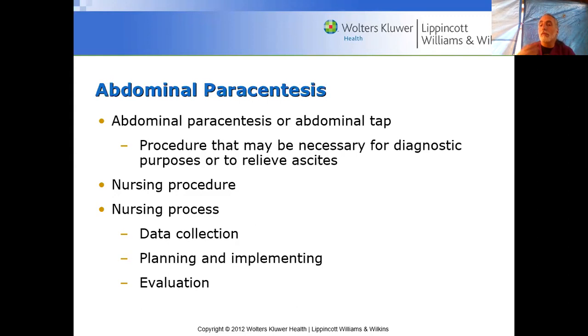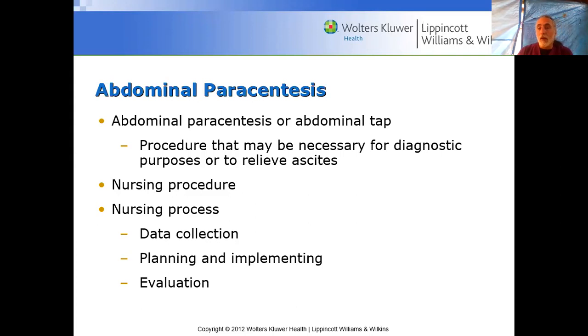So the patient may have an abdominal tap or an abdominal paracentesis to remove fluid, because if we have that big fluid buildup in there, we've created pressure, and we have also impaired the movement of the diaphragm. The patient from abdominal distension is not able to breathe as easily.